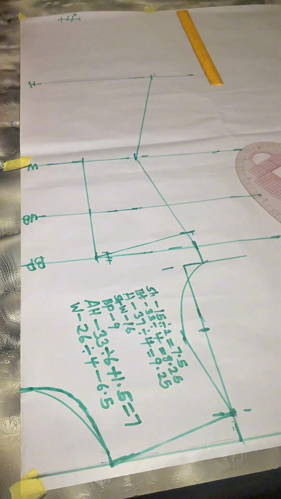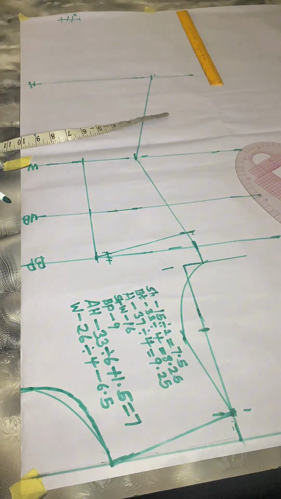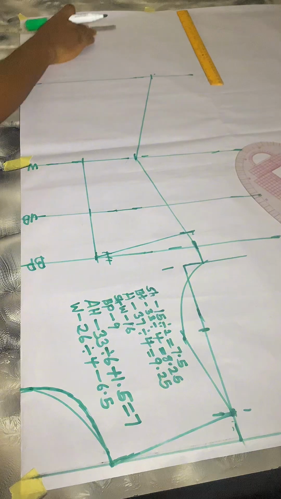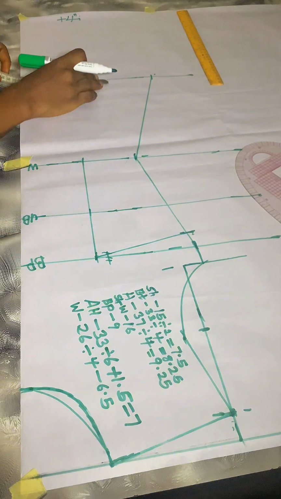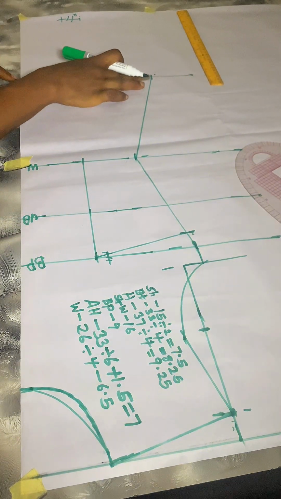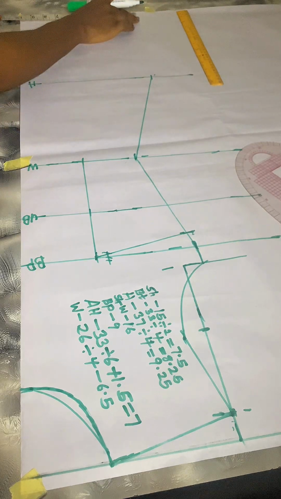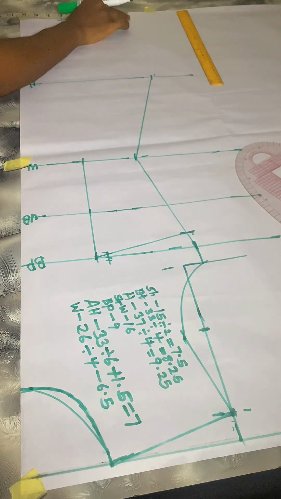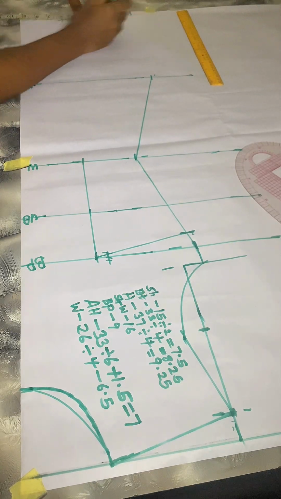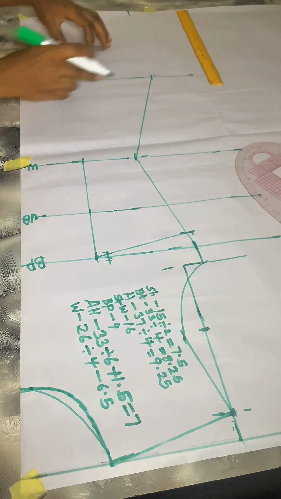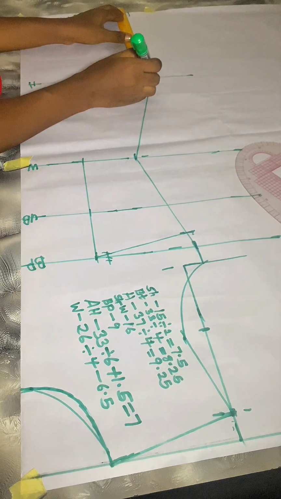So this is it. And I'm going to remove half. We are removing one. So we measure 9.25. So this is 9.25. But let's connect it.